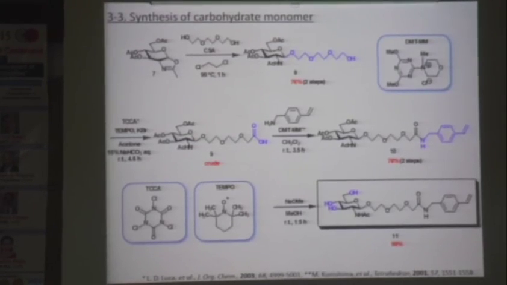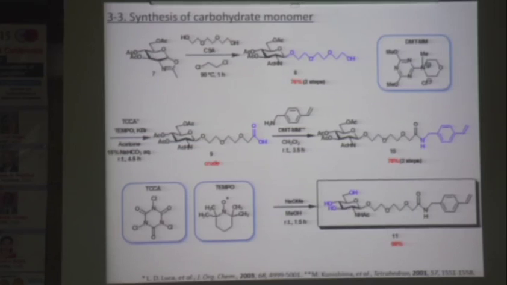This slide shows the synthesis of carbohydrate monomer 11. Oxazoline was coupled with this diol in the presence of CSA to give glycoside 8, which was taken to oxidation, followed by the condensation of amine 3 in the presence of DMT-MM.